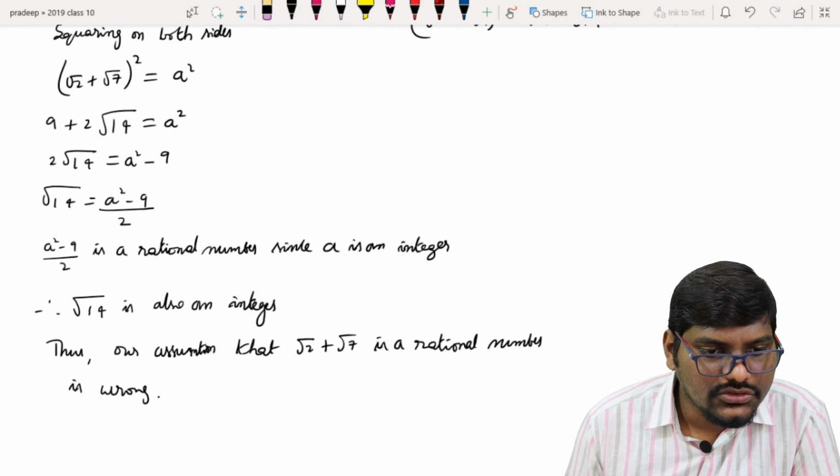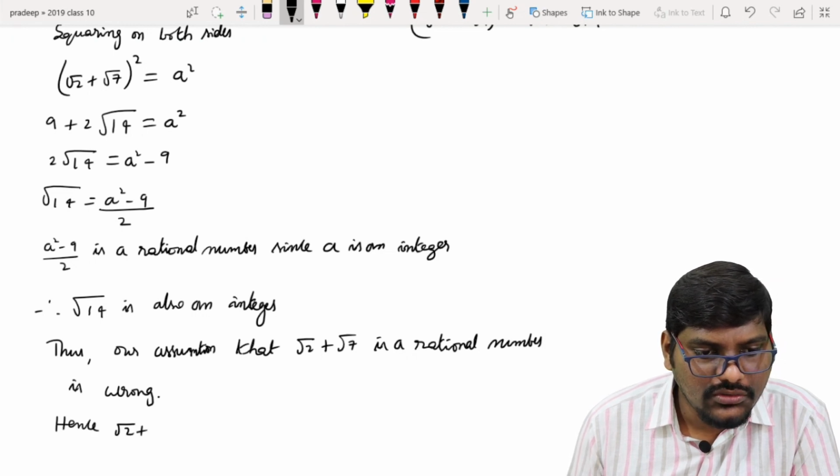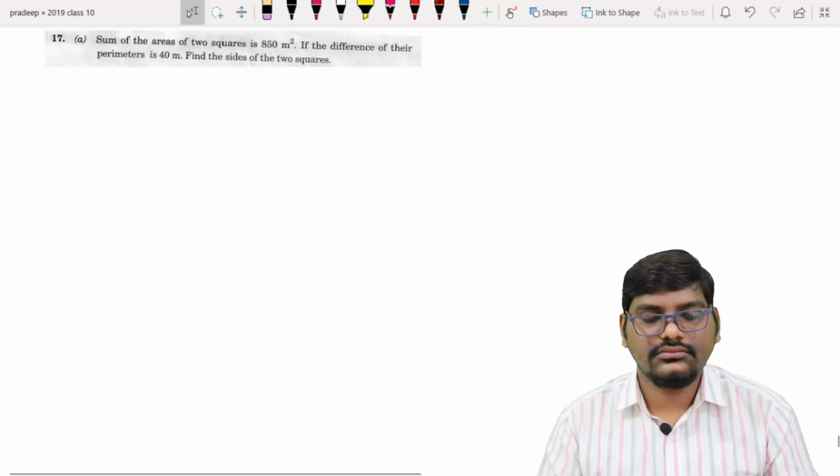Hence, root 2 plus root 7 is an irrational number. Alright, so this is all about this question.